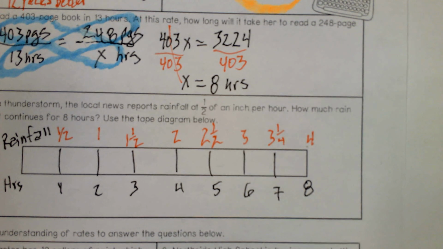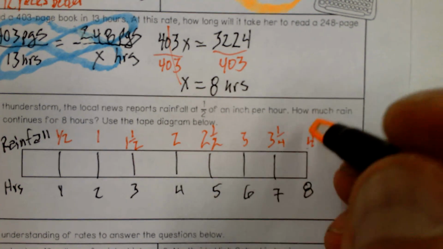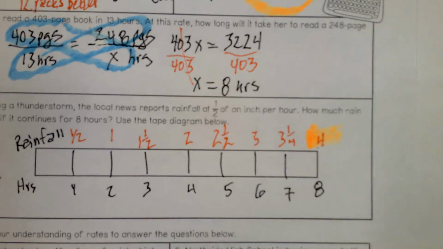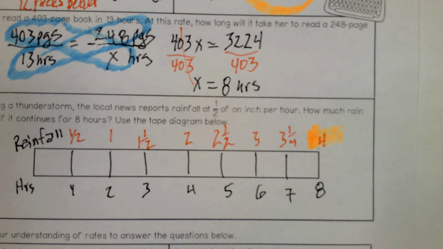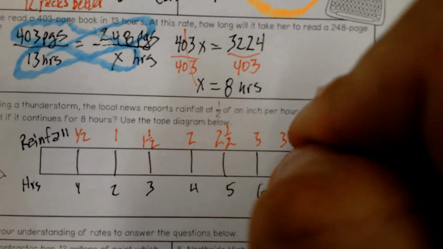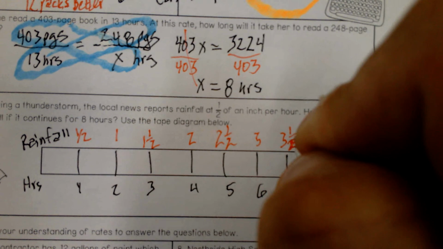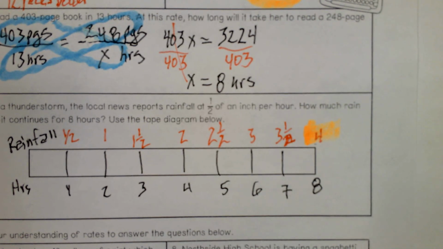So this is a graphic way of representing the rainfall, and the rainfall in 8 hours, of course, is 4 inches. 4 inches of rain is a lot. You put 3 and 1/4 instead of 3 and 1/2. Oh, thank you. 3.5.